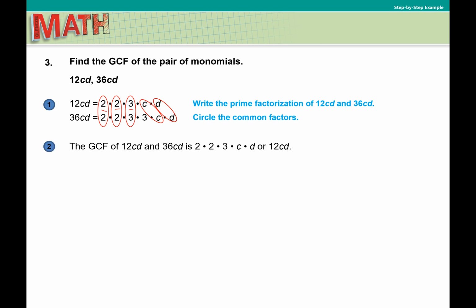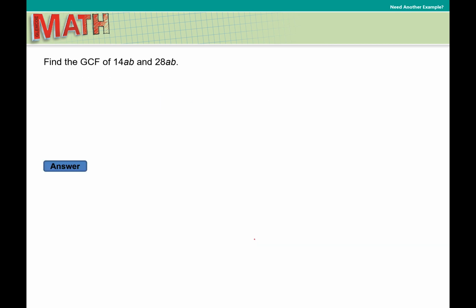So what we have in common between the two is 2 times 2 times 3, right? 2 times 2 times 3, these 3 circles, times c times d. And then you factor that out. 2 times 2 is 4, 4 times 3 is 12, 12 times c is 12c, and 12c times d is 12cd. Go ahead and work this one through on your own.